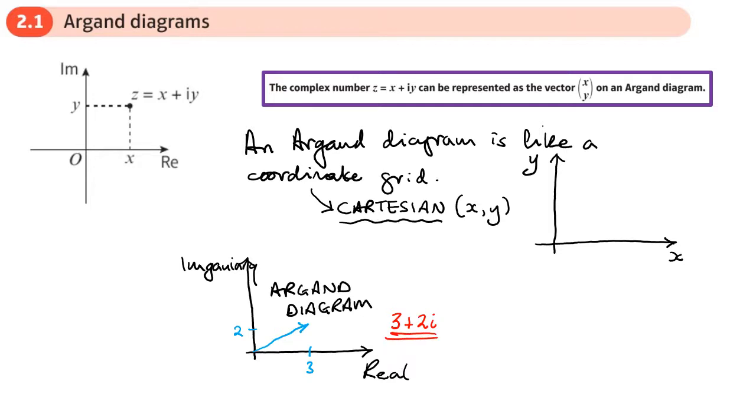Now, these parts of the grids do go to negative, so you can show negative complex numbers. So if I had a different one that went over here, and the top of it was at 3, and this bit here was -6, then this would represent the complex number -6 plus 3i. Very, very easy.